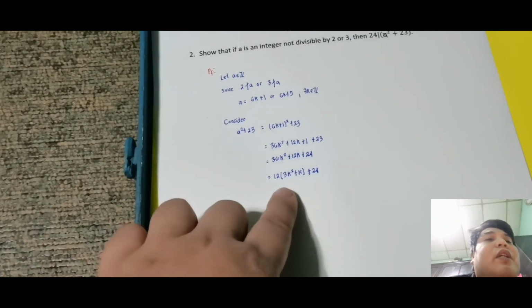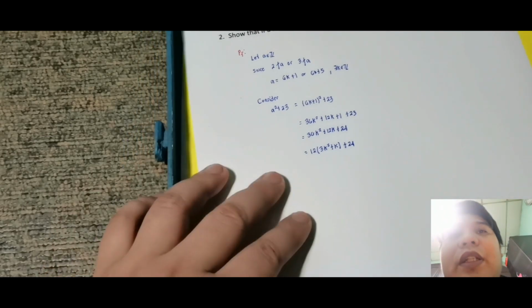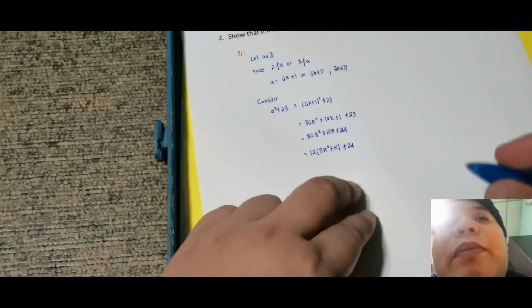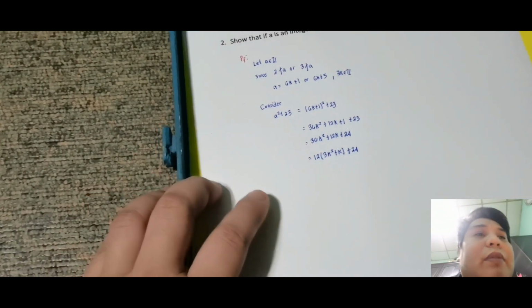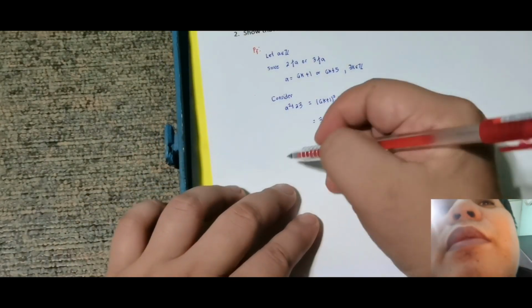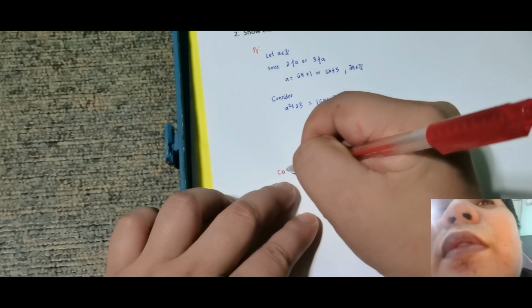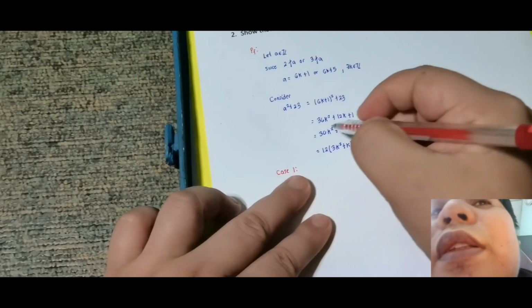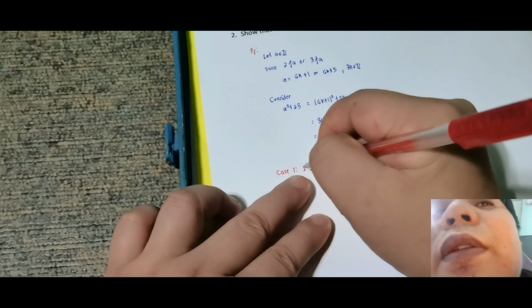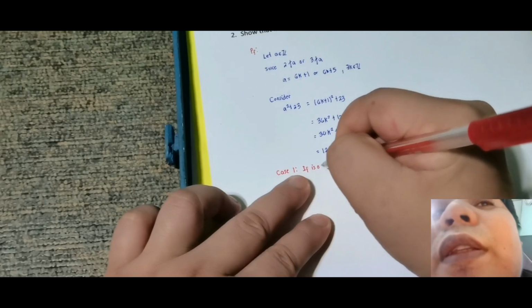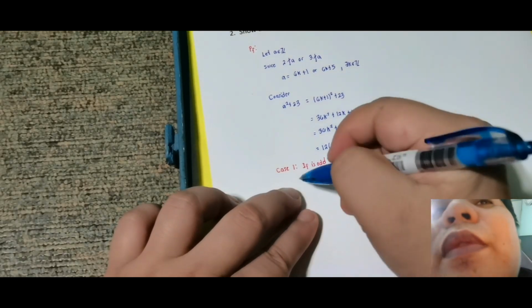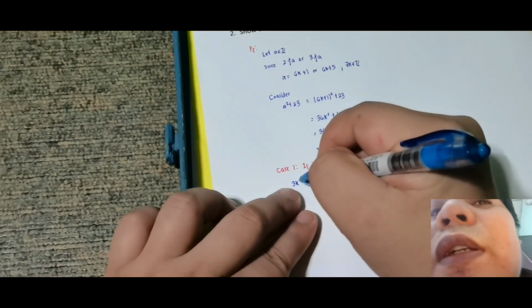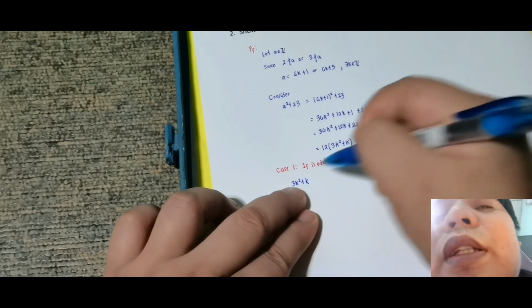So ngayon, si 3k squared, so ngayon aware tayo na si k is an integer. Tama, for some k element kasi na integer. So case 1, what if si k, so kunyari case 1, if k is odd. Okay, so ano yung value ni 3k squared plus k?